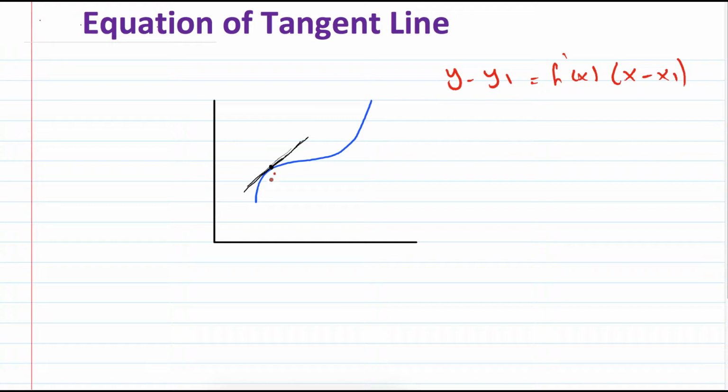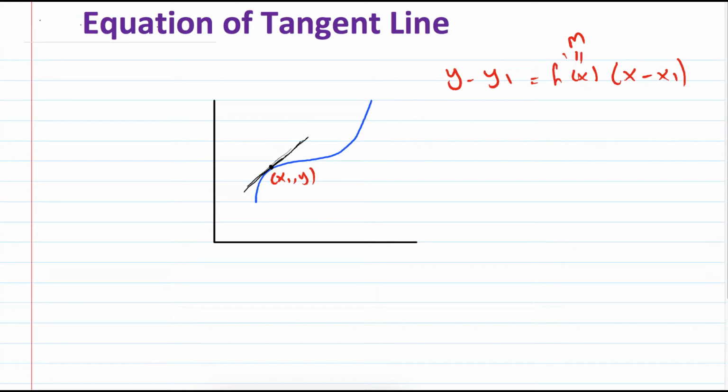So this point right here has a coordinate of x1 and y1. This f prime of x, usually they write m right here. M is the slope. But since the slope is just f prime of x, the derivative of the function at that particular point, we're just gonna write f prime of x.